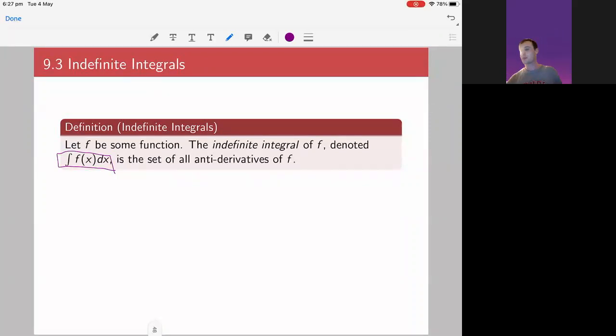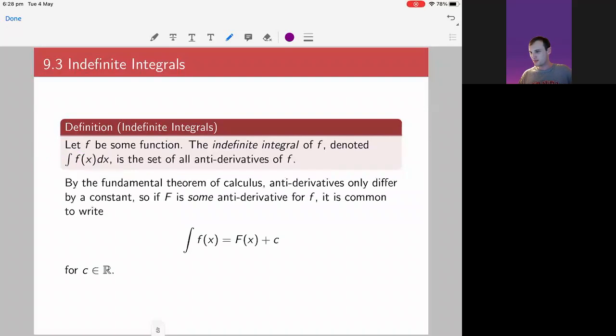What does this mean? Well, if you just write the integral of f of x dx without specifying any upper or lower bounds, what that means is simply the set of all antiderivatives of that function f. And remember, once you've found one antiderivative, you've found all of them, you just need to add a constant.